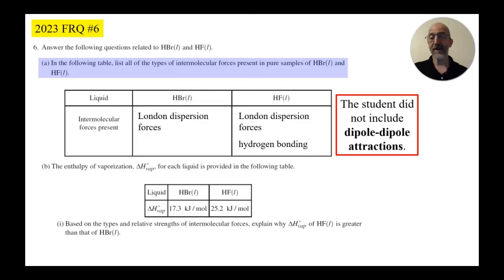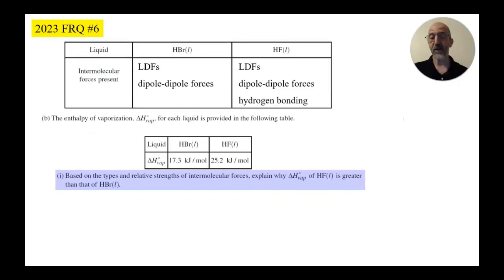For the HBr, that would be a combination of London dispersion forces and dipole-dipole attractions. So the correct setup you can see at the top of this slide would be LDFs, and you can definitely use that abbreviation on the AP Chemistry exam. The readers know what LDFs mean. We have dipole-dipole forces for both, we have LDFs for both, and we have hydrogen bonding for the HF.